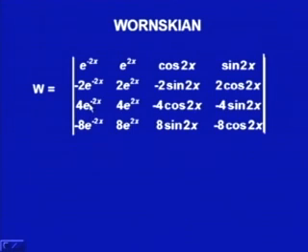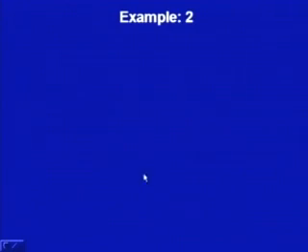Now, again we take e to the power minus 2x common from the first column, e to the power 2x from the second column, and we are left with cos 2x and sin 2x. What we get is a constant times a function of this one, which will not be 0 for any x. That says we are getting 4 linearly independent solutions.